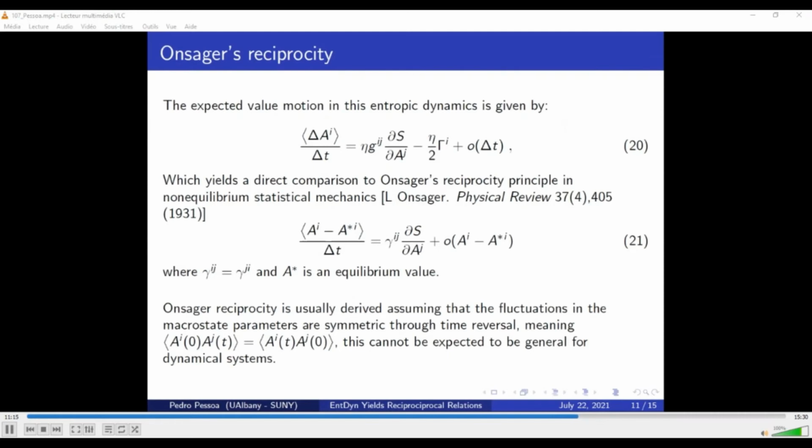Now, Onsager reciprocity is usually derived from supposing a time reversal symmetry in the macrostate dynamics, which makes sense in a physical system with a Hamiltonian. But in entropic dynamics, reciprocity arises directly from information geometry. The proportionality constant is the information metric, and the second term is also geometric, the Christoffel symbol that accounts for the curvature of motion.